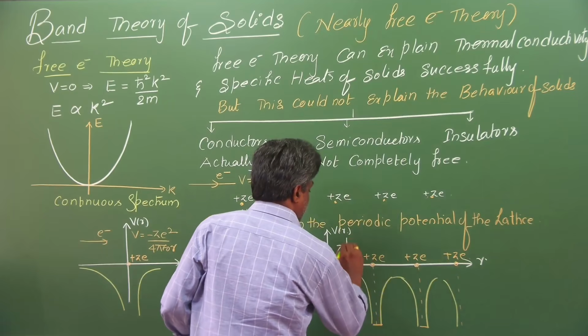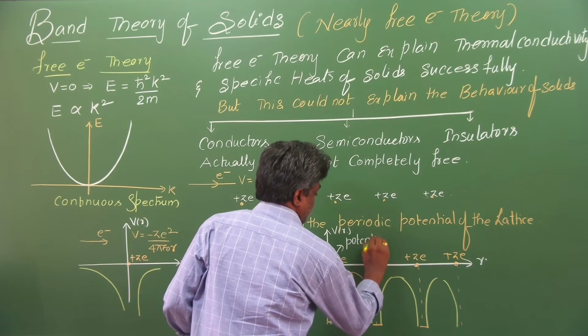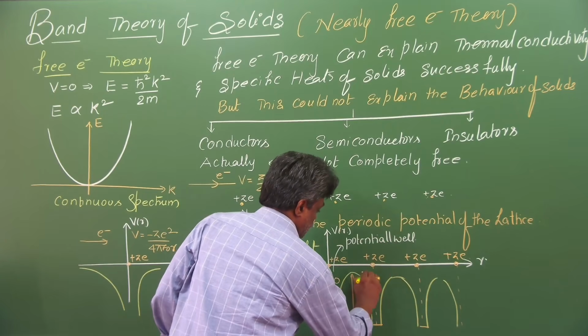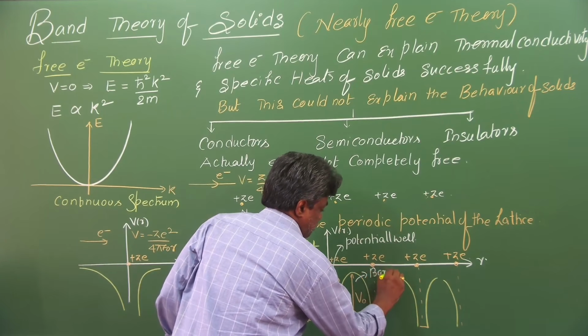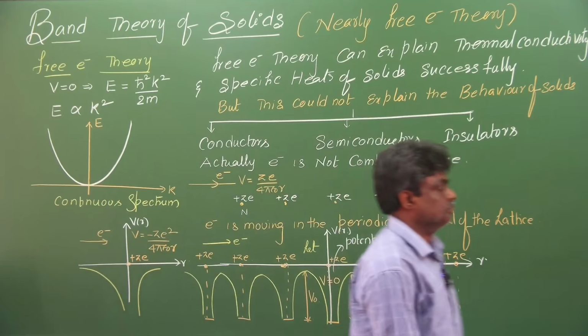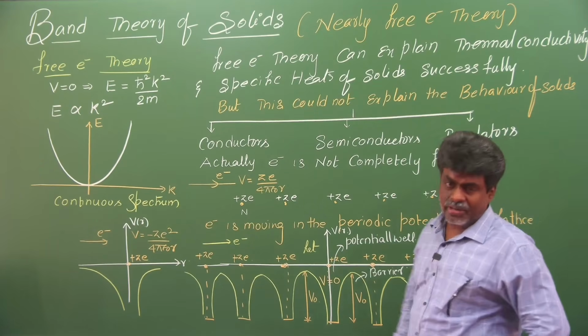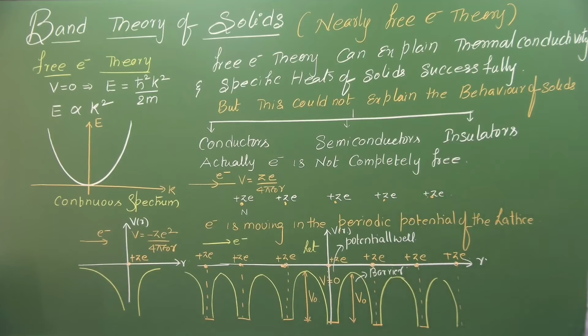So this is the potential well, and this is the barrier. So finally we are going to show how there exists a discontinuity in the energy bands. It's not at all continuous, there must be some discontinuity. Let us see.